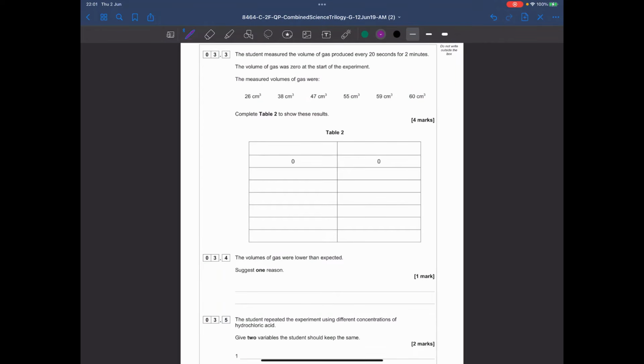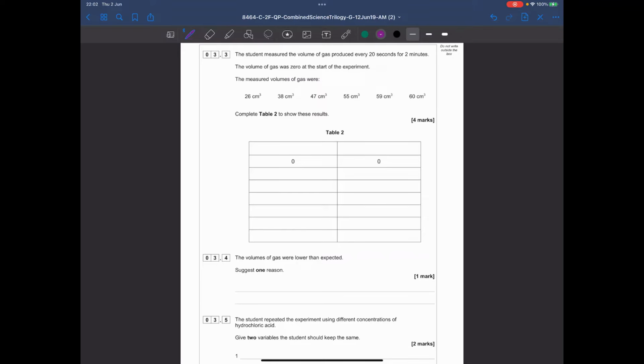The student measured the volume of gas every 20 seconds for 2 minutes. The volume of gas was 0 at the start of the experiment. The measured volumes of gases were listed there. It says complete table 2 to show the results. So we now need to design our table. What goes at the top of our table?